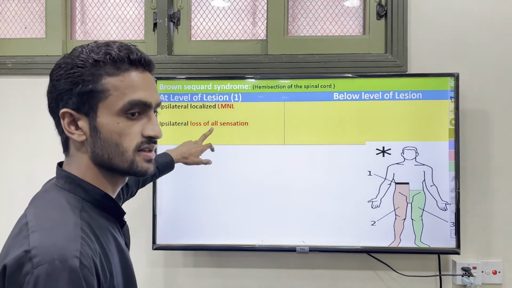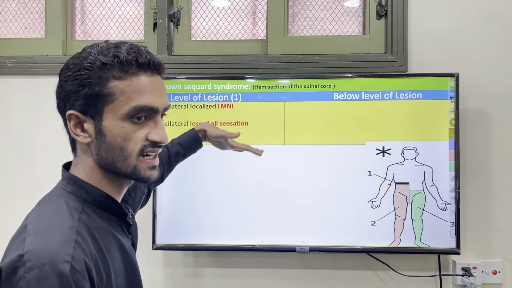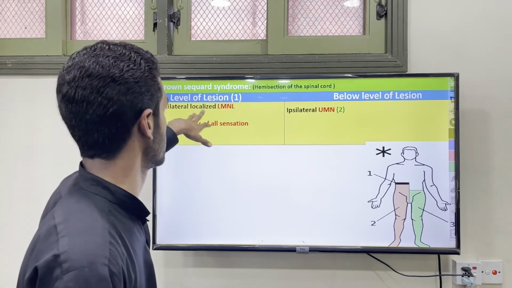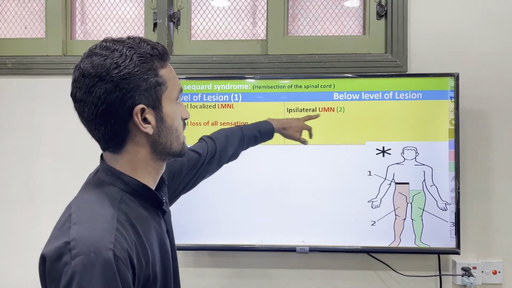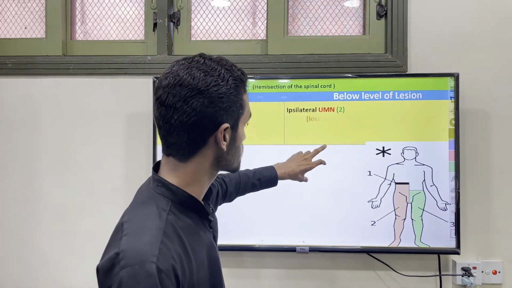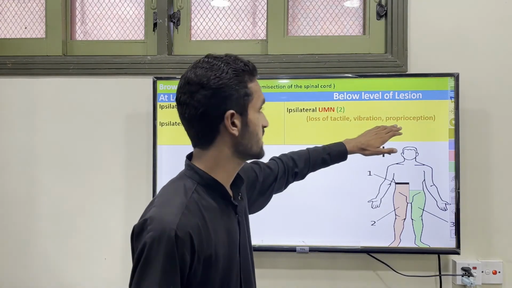Ipsilateral loss of all sensation. Because you have a lesion at the spinal cord level, you have hemisection, and the ipsilateral upper motor neuron lesion. So loss of tactile, vibration, proprioception. Why?